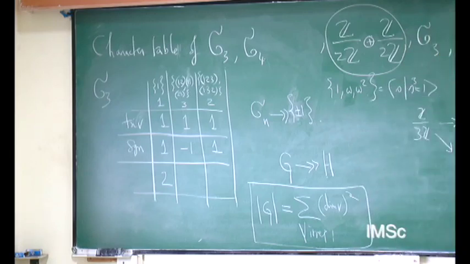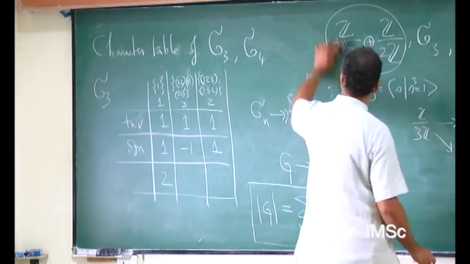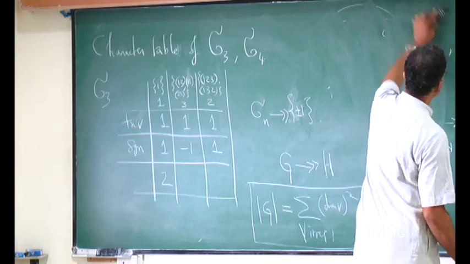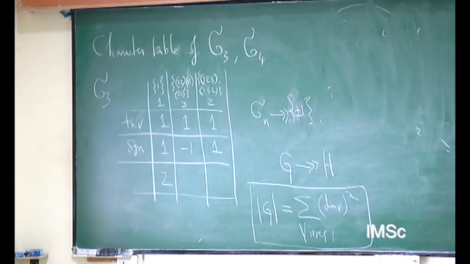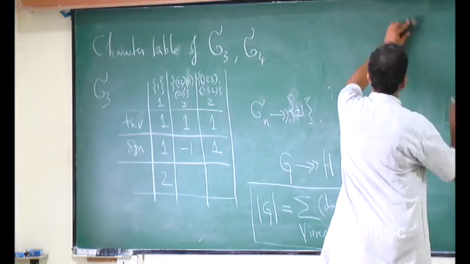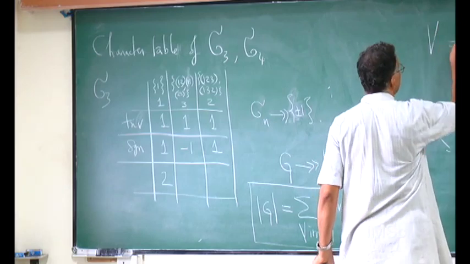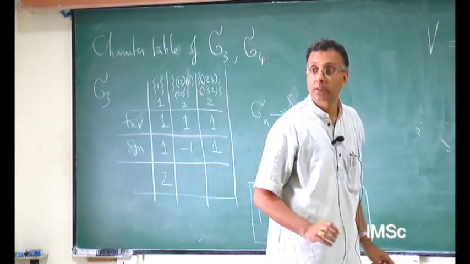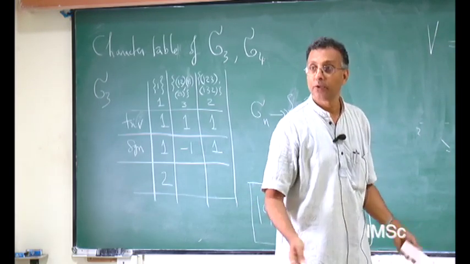Because the way we deduced it, if you remember, we decomposed chi G, right? Let's recall once again. If V is any representation and you want to write it as a sum of irreducibles, and you have a list of irreducibles, then what do you have?